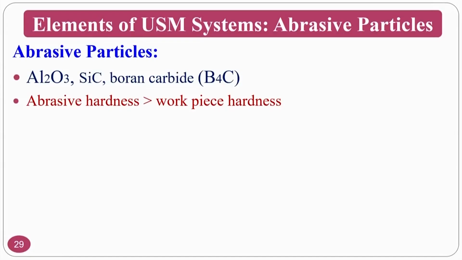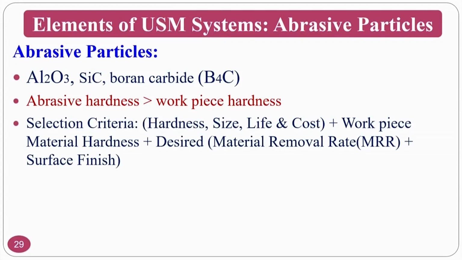That is why you should always keep the tool material harder than the workpiece material. The selection criteria are the abrasive particle hardness, size, life, and cost, because, as I said, in India we can get 1 kg of silicon carbide of mesh size 220 for below 500 rupees nowadays.